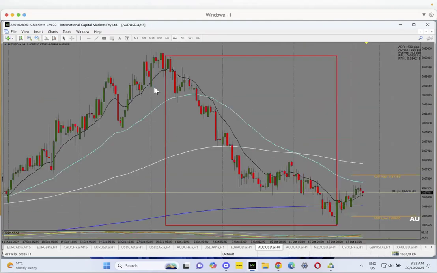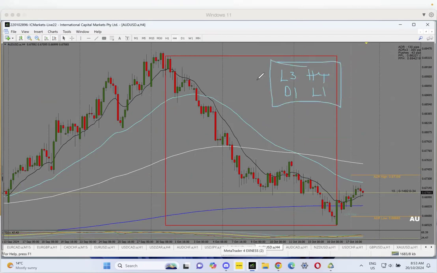This is the whole cycle and understand, because EUR-USD is on L3, H4, which is D1, L1. It doesn't mean that other USD pairs are going to be exactly in the same spot.